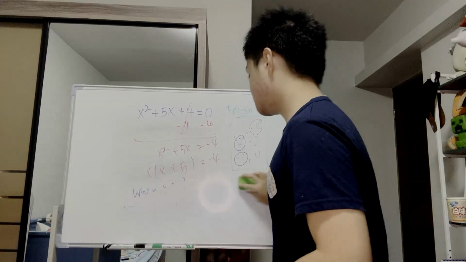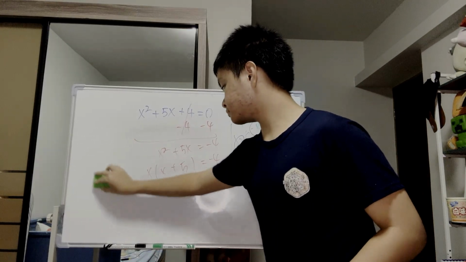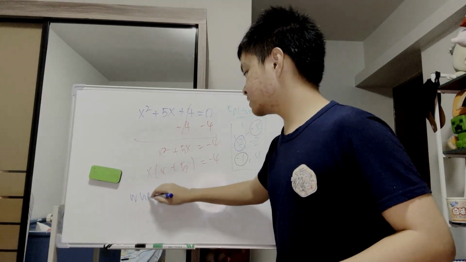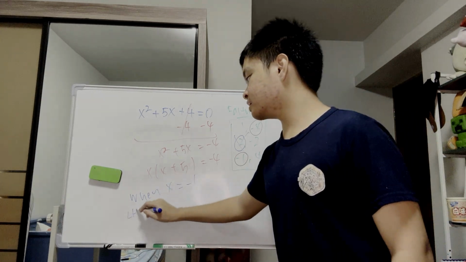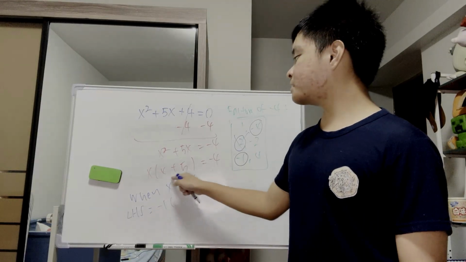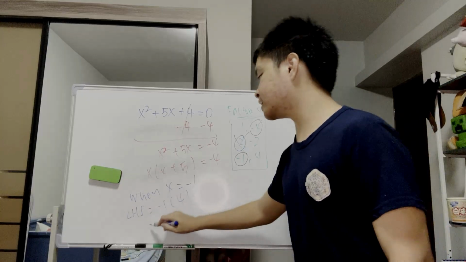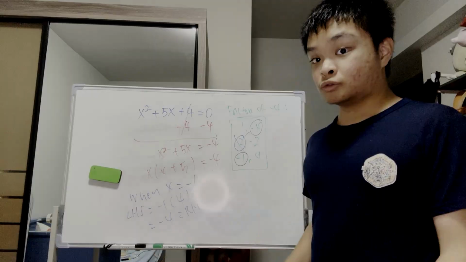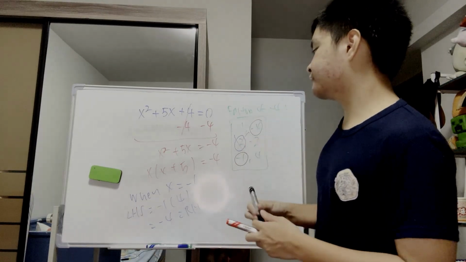Let's try it out. So when x is equal to -1, left hand side again is going to be equal to -1 times -1 plus 5, which is 4, which is equal to -4, which is equal to the right hand side. Cool. Let's try when x is -4.